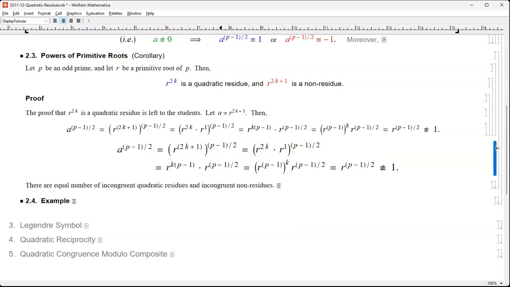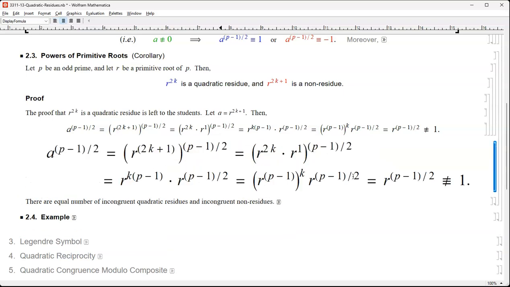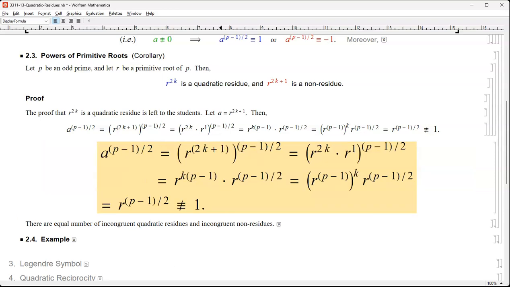Shall I expand the font? Okay, that's much better. So a to the (p minus 1) over 2 power, and a is r to the odd power. That's the assumption, so let's do that.